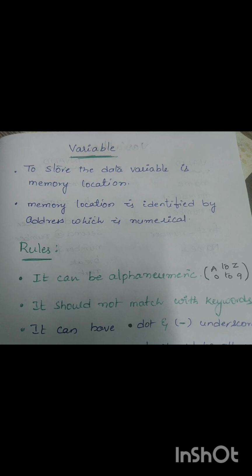Why are we addressing this memory with a variable? If we want to retrieve that input data or output data easily by the variable name, we need to give that memory location some address. For that address we give one name, which is called a variable.